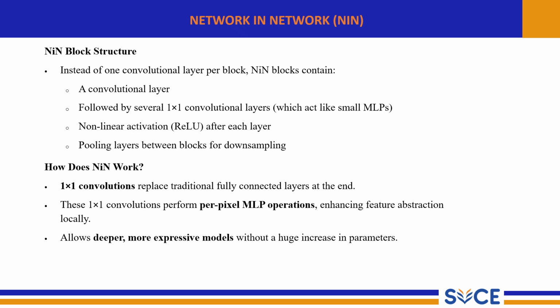This design enables the network to capture more intricate and expressive features without dramatically increasing the number of parameters. So NIN blocks allow the network to be deeper and more expressive, learning complex local patterns while remaining computationally efficient. It combines the spatial understanding of CNN with the nonlinear expressive power of small MLPs.